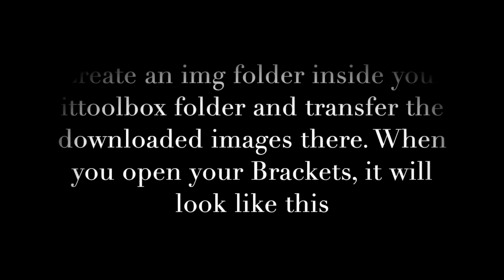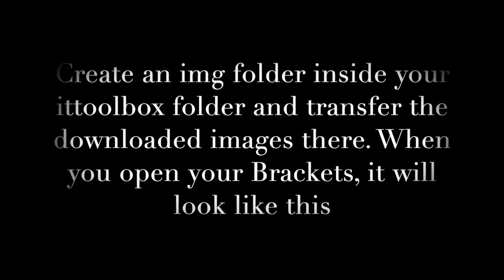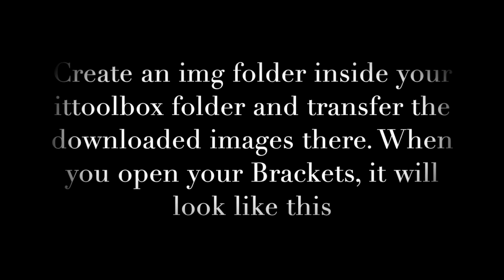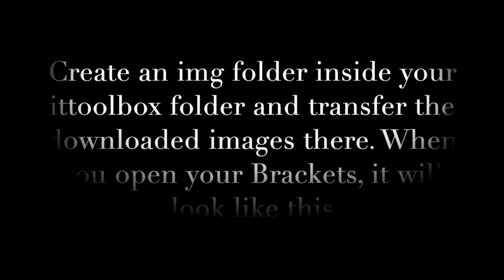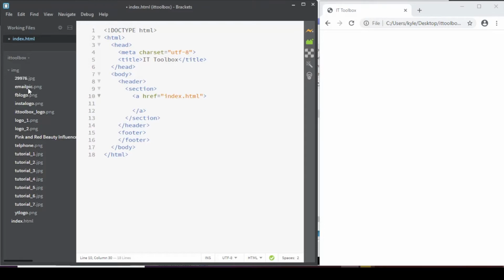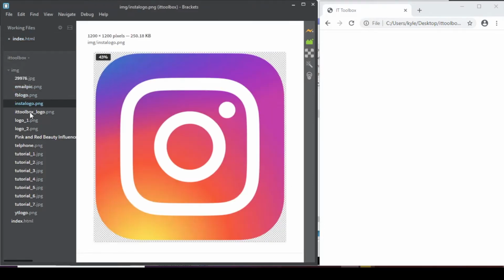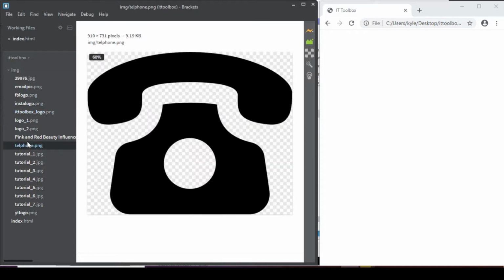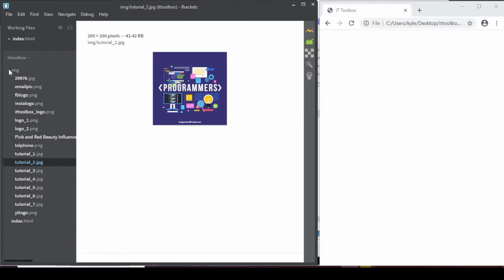Once you downloaded, gumawa kayo ng folder na img sa loob ng IT Toolbox folder nyo sa desktop. And then, i-copy nyo yung pictures na na-download nyo dun sa folder na yan. So, once you refresh your brackets, may makikita na kayong img folder. Again, sa loob dapat ng img folder, andun lahat ng mga images na gagamitin natin.